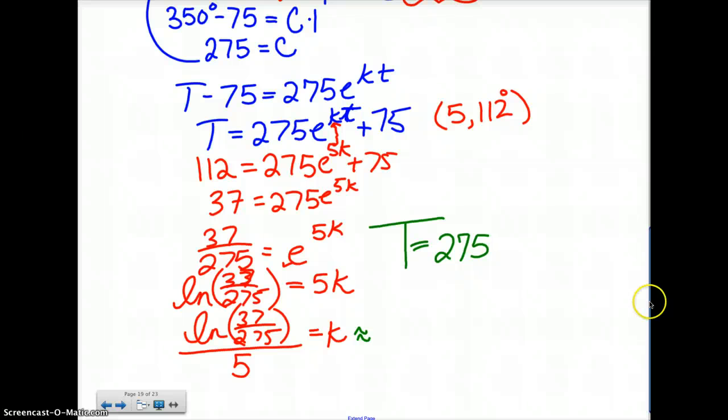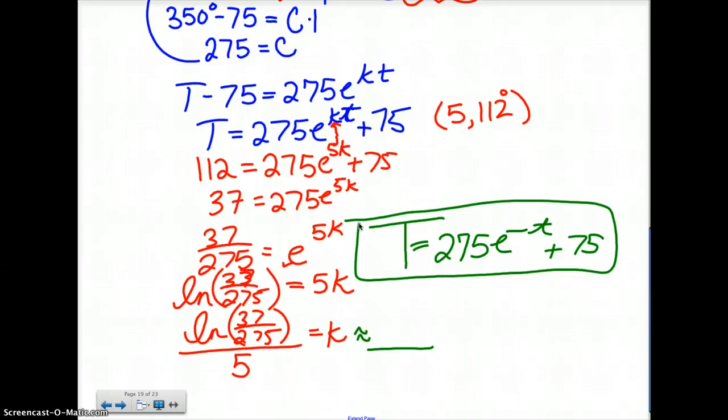We call this a limiting amount, and as t approaches infinity, we end up with a limit of 75 degrees. Kind of makes sense. So where am I here? I've got 275 e to the k, which I need you guys to go wrap up. I don't know what that is, so I'm going to just leave a space there, since I don't have my calculator out with me right now, t plus 75. So that's how we use Newton's law of cooling.